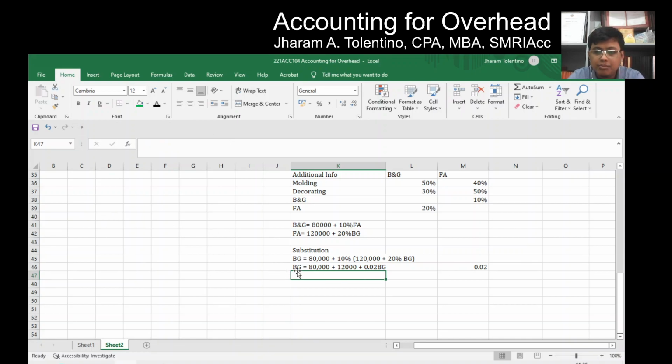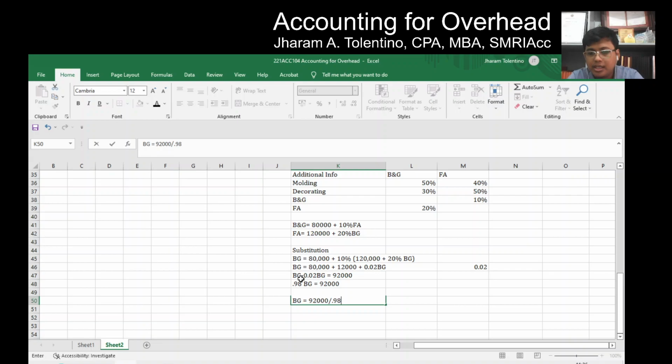So, anong gagawin natin? Combine similar terms. So, mangyari, ito lilipat to doon. So, BG minus 0.02 BG is equal to 92,000. Madali na? Yes. So, 0.02 magiging 0.98 BG is equal to 92,000. Okay. Gagawin lang natin. Divide both sides by 0.98. BG is equal to 92,000 divided by 0.98.